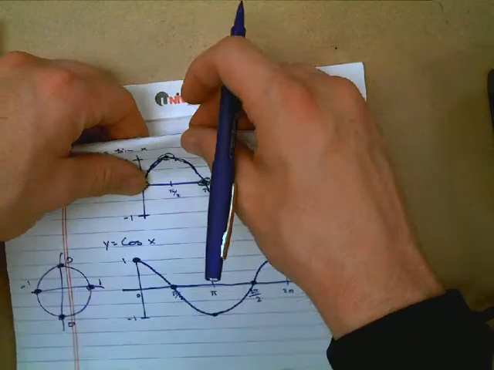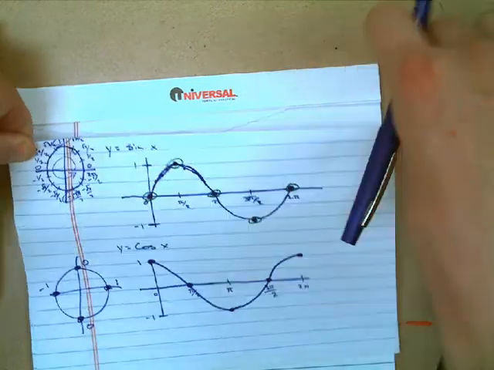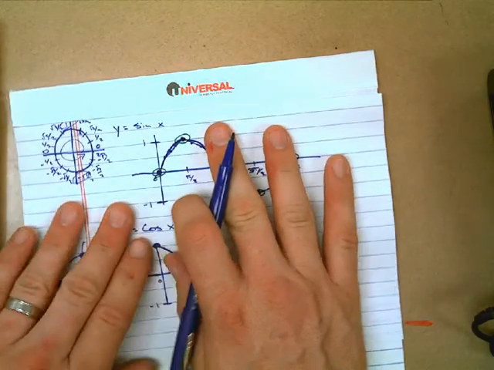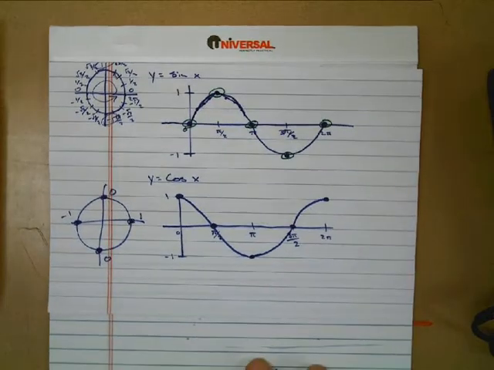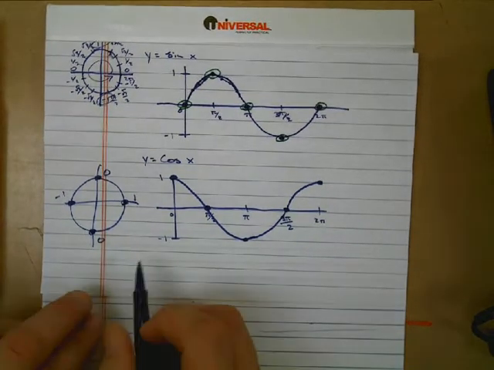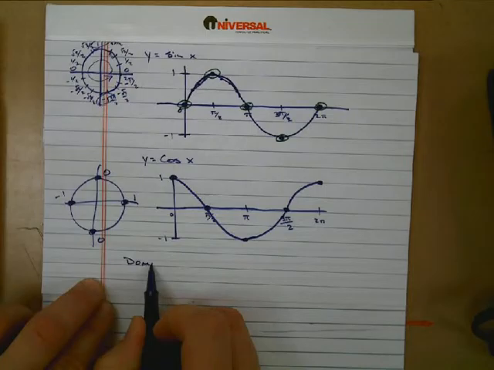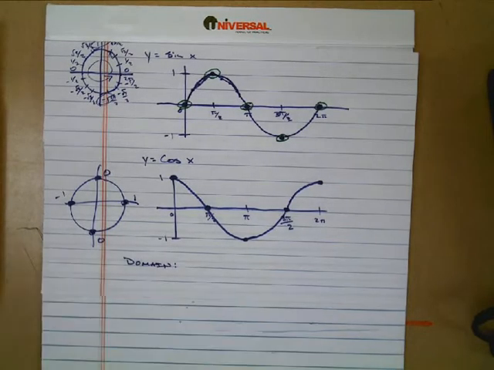So, using this, let's go through a few of the things that we're already quite familiar with. First off, the domain. Well, the domain is the collection of all inputs of a function. In this case, our inputs, as we discussed already, are the values of angles. Well, we have two types of angles. We have positive and negative angles.